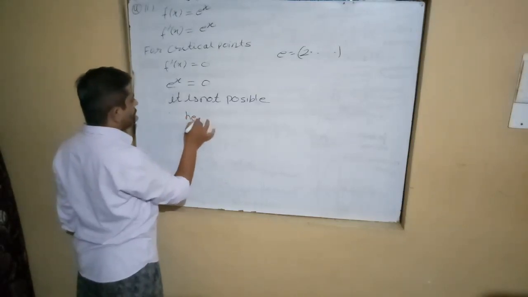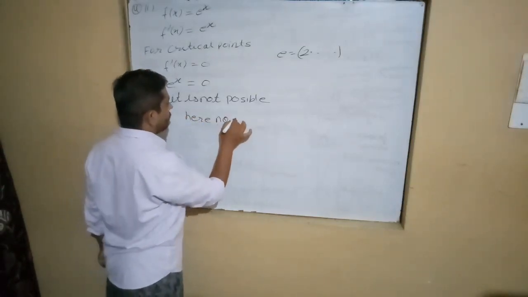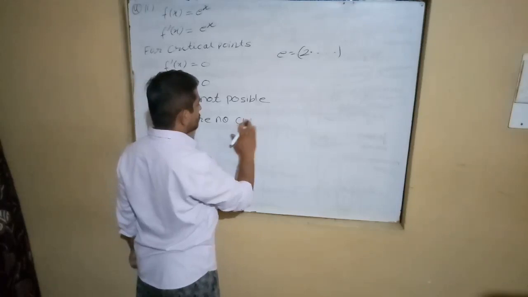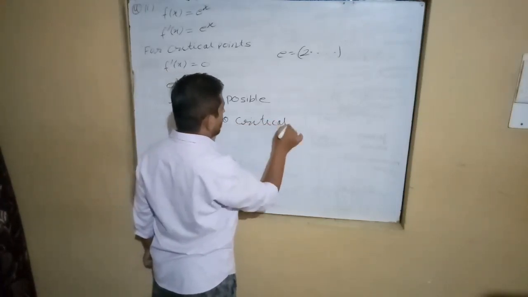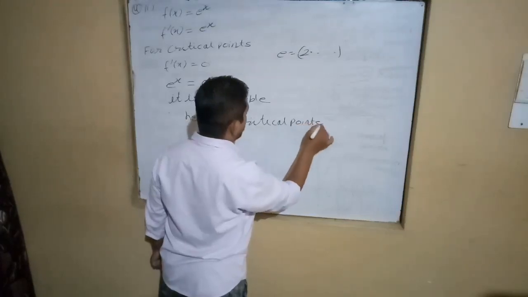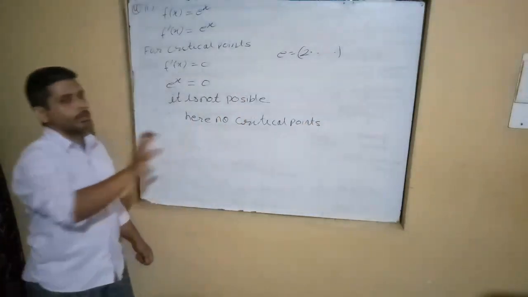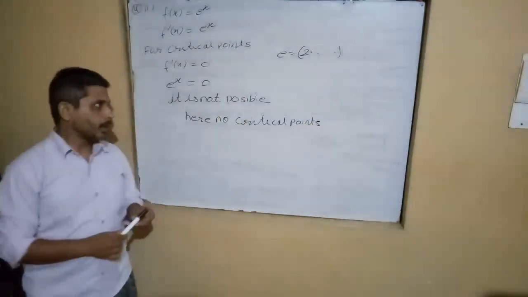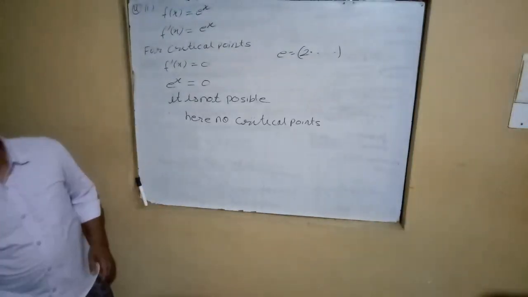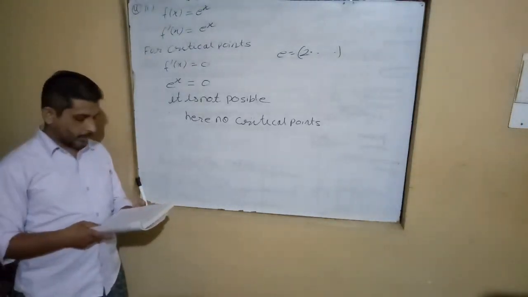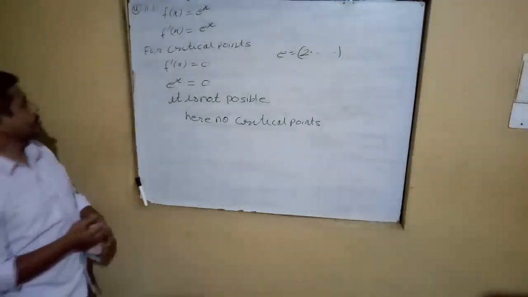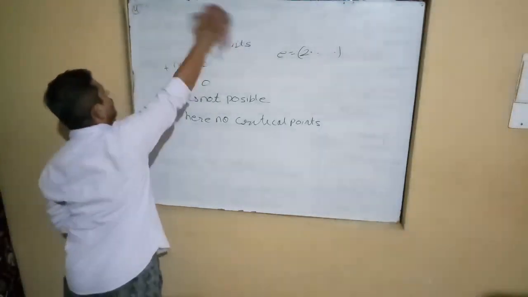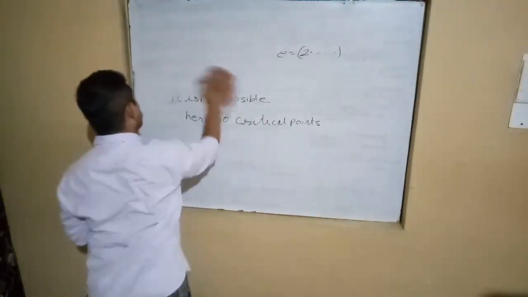Therefore, here no critical points, therefore no maxima, no minima. Clear? So similarly, its second and third you can solve easily. Now look at the next question. This is 4. Now we will do the fifth one.